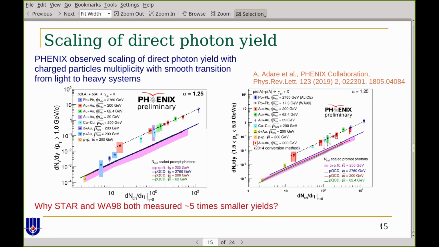So there is a good question why two experiments which can be compared to PHENIX in the same charged particle density region do not coincide with these measurements and do not fall into this trend.